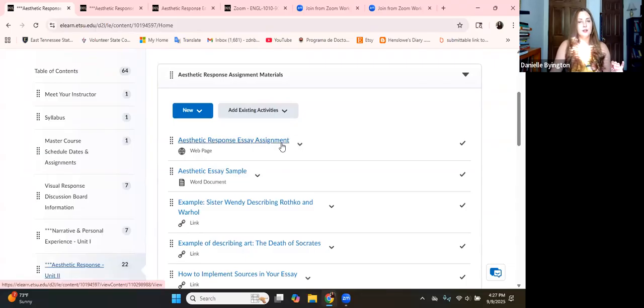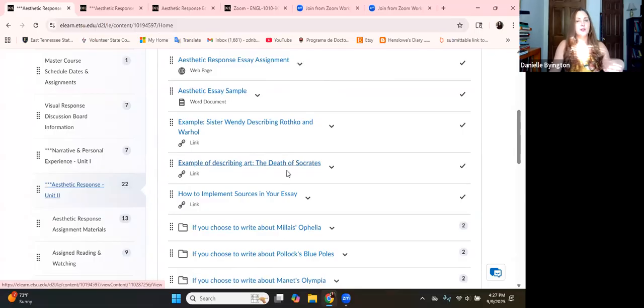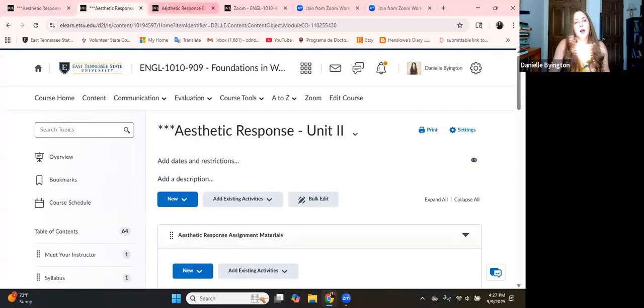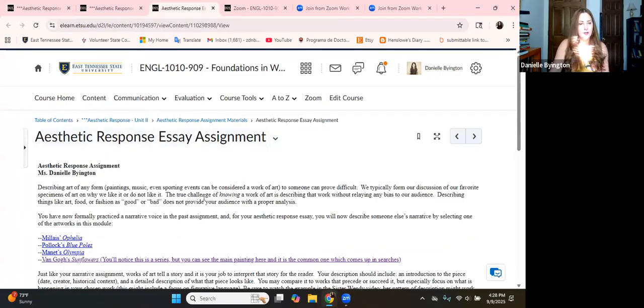The assignment is right there at the top. You have a sample. You have some other little example things of people talking about art that could be helpful for you to hear how they break it down, the kinds of things they say about the particular paintings they're talking about. Okay, so I'm going to the assignment itself now.